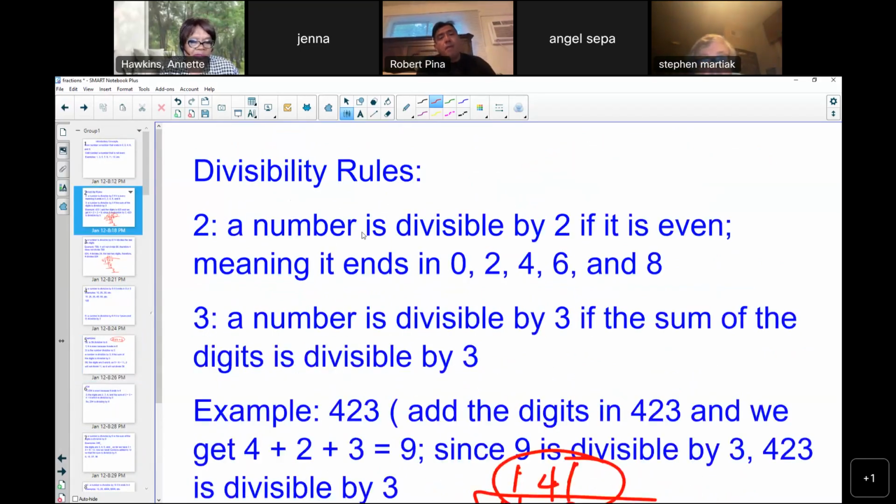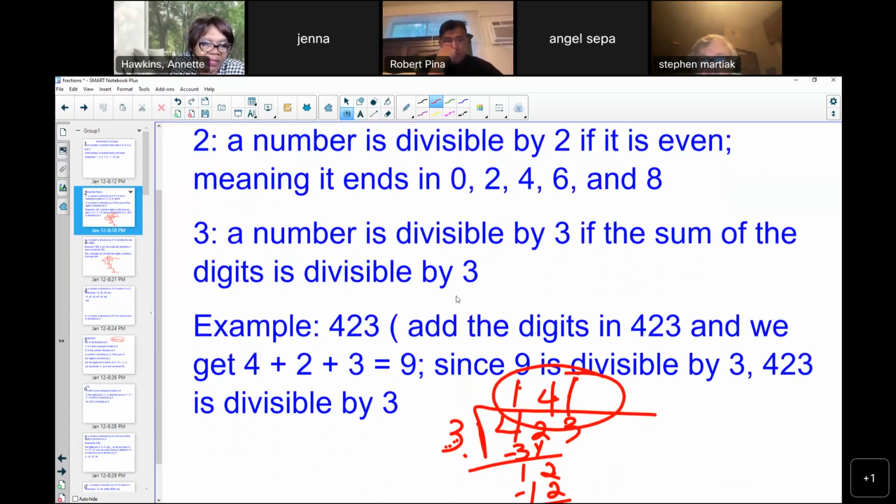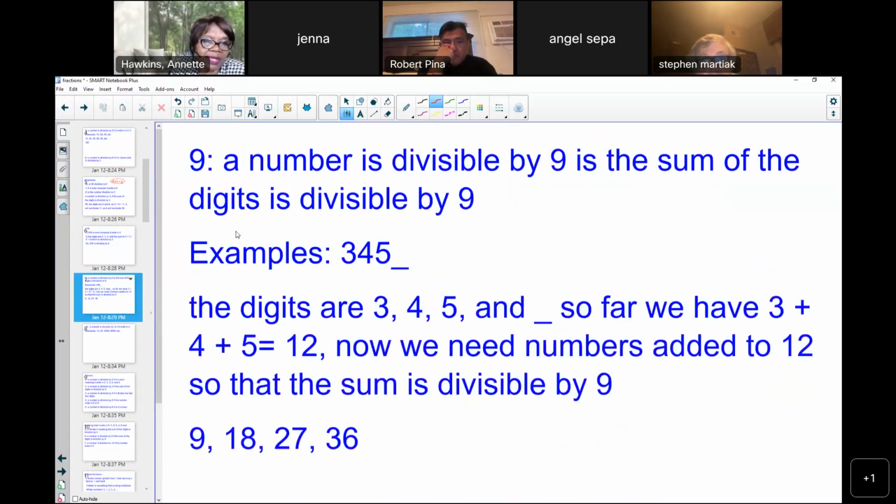and look at these. So the easy way to do this is to kind of group them. 2 is an easy one to do. A number is divisible by 2 if it's even, okay? 3, a number is divisible by 3 if the sum of the digits is divisible by 3. A number is divisible by 9 if the sum of the digits is divisible by 9. So 3 and 9 have that divisibility rule.